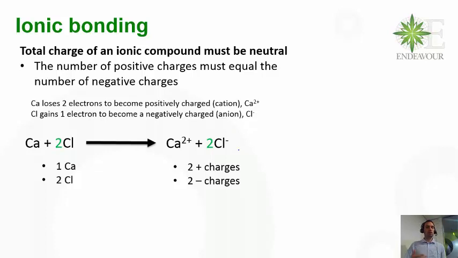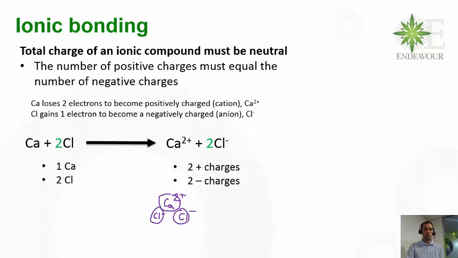And because the chloride is only a 1- ion, the only way you can get 2 minuses is to have 2 of them. So the calcium, which will be 2+, will attach to 2 separate chloride ions, each one having a negative charge.